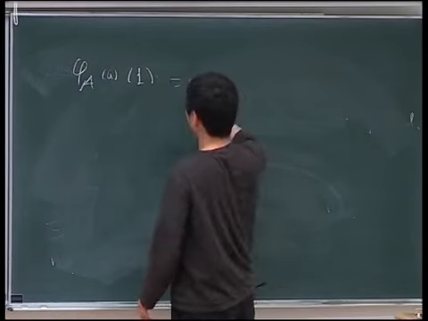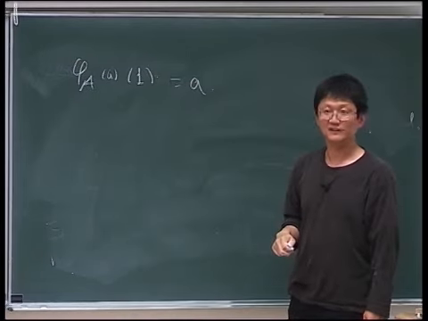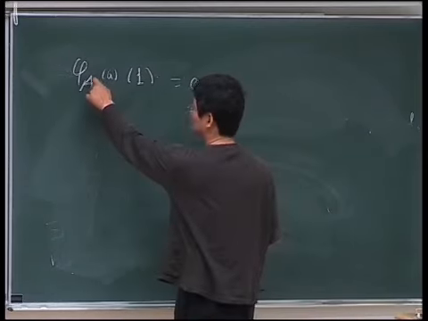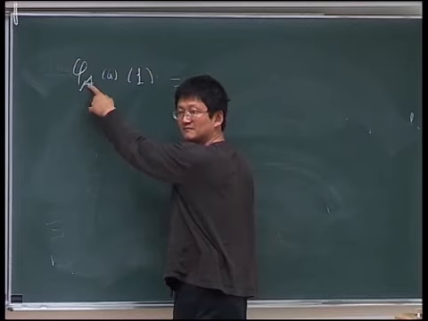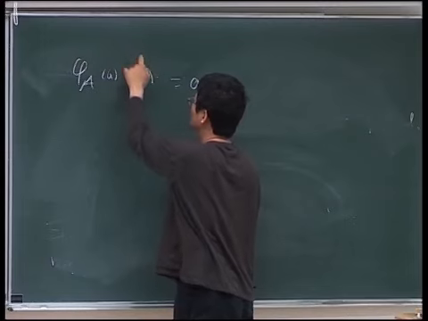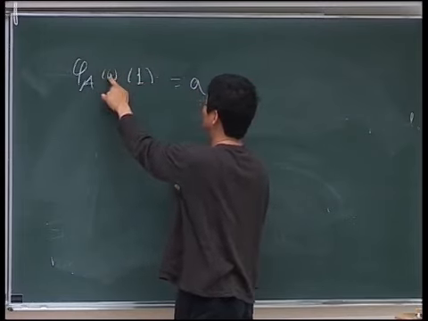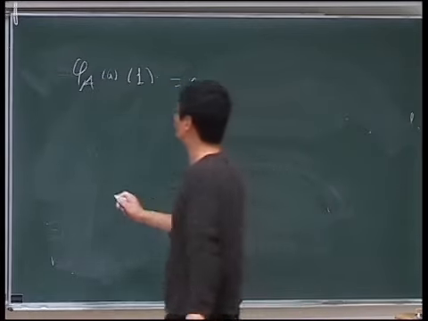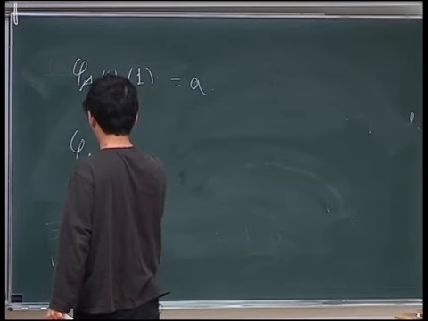So this is going to be A. This is an exercise in the definitions. To compute this for the sheaf A, we take the unique map from A to A that takes the universal element 1 to 1, which is the identity map, evaluated on the element A. That's A.